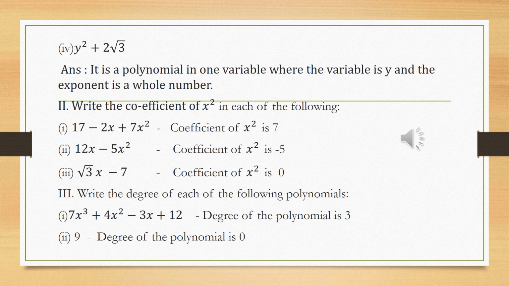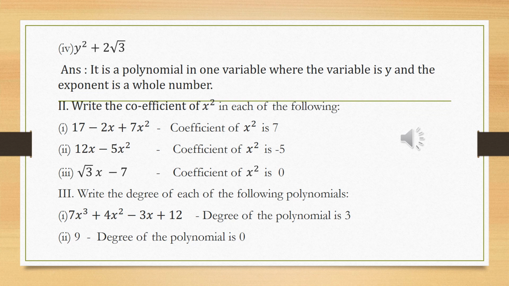Question set 2. Write the coefficient of x square in each of the following. We have already learned how to write the coefficients in class 8. So, question number 1, 17 minus 2x plus 7x square. We can see the coefficient of x square is 7.